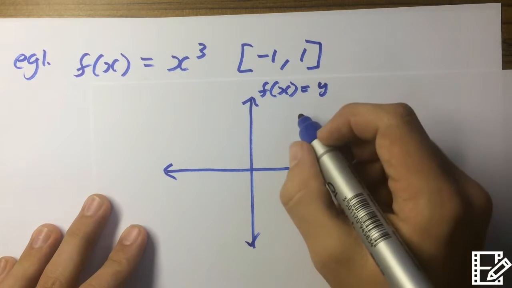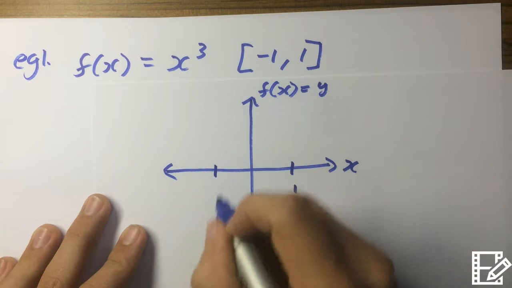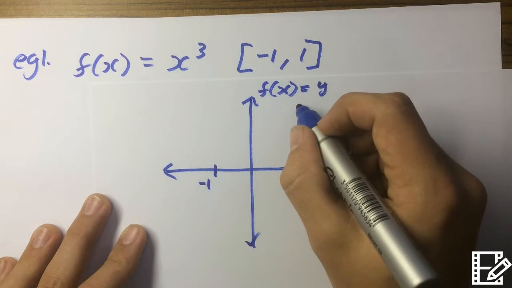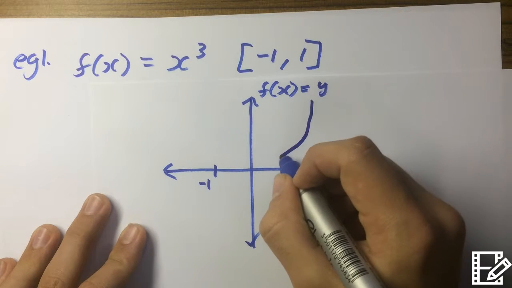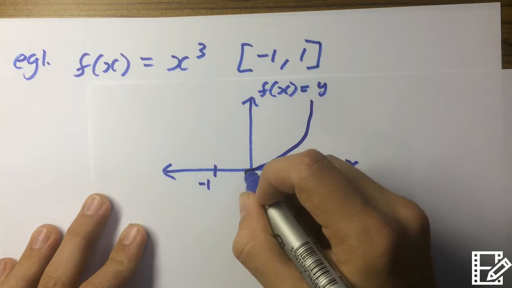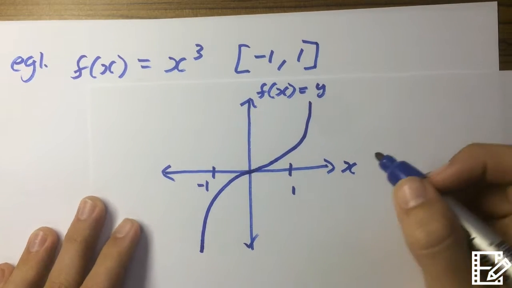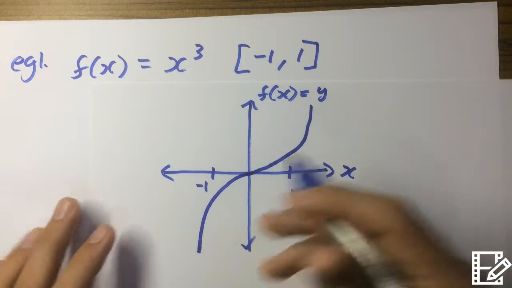Now, hopefully I get this right, but this will be 1 and this will be -1, and it should come down around here, curve in, and then go like that. So this isn't symmetrical, but the actual function is symmetrical.